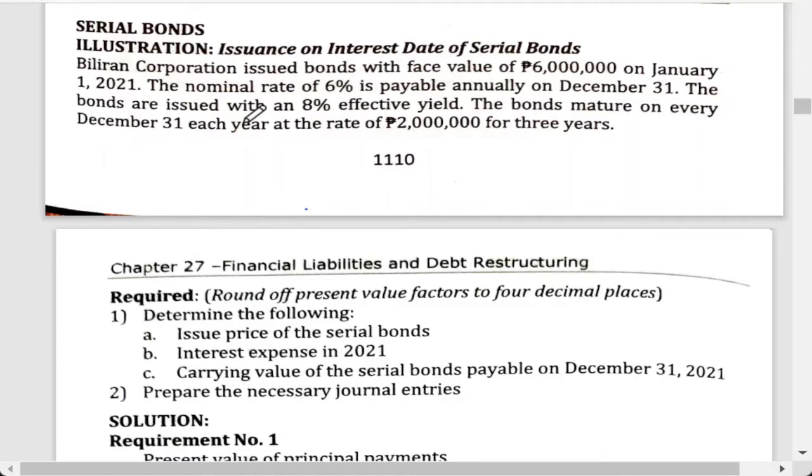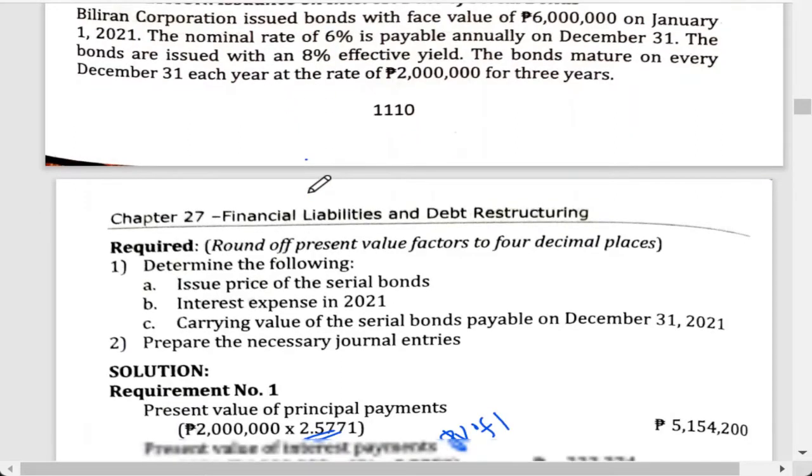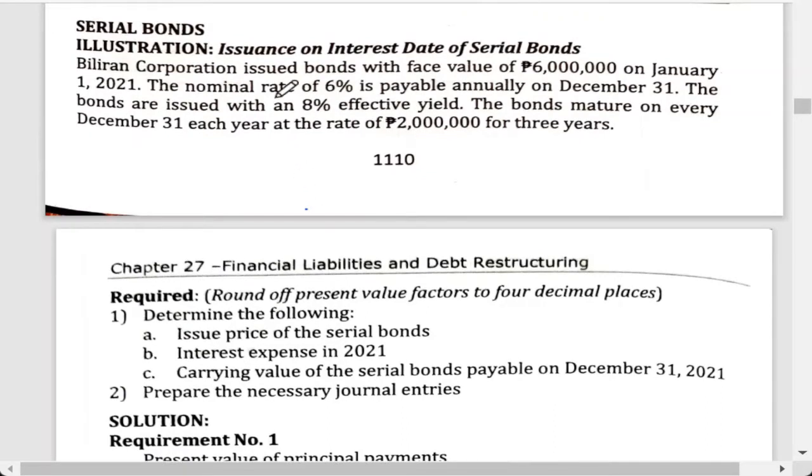Just like in the term bonds, even if the principal payment will be paid on the maturity date, pwede nga the interest will be on a regular basis or in regular intervals. Pwede man pod ang interest is lump sum pod. So going back to the serial bonds, the interest is paid at regular intervals.